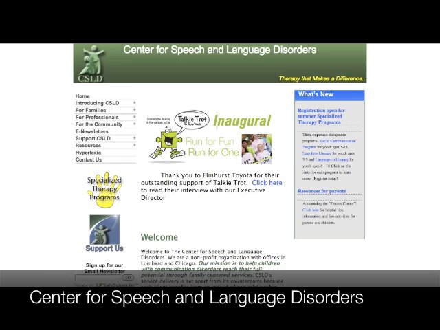It also focuses on early treatment, so attacking the problem before it gets worse. On this website, you can look for information for families, for professionals, and information for the community.